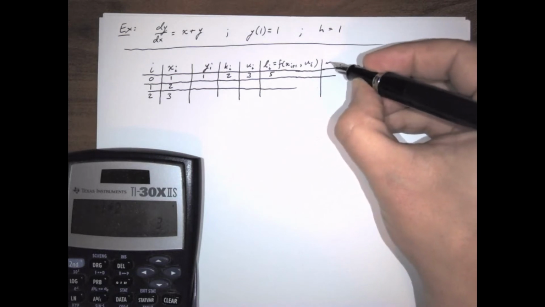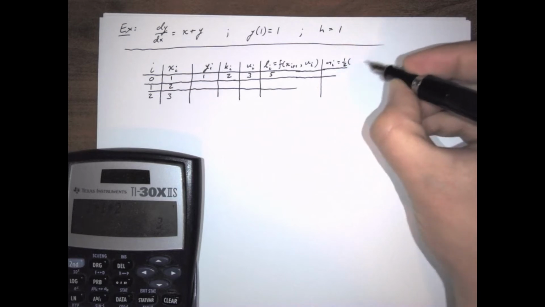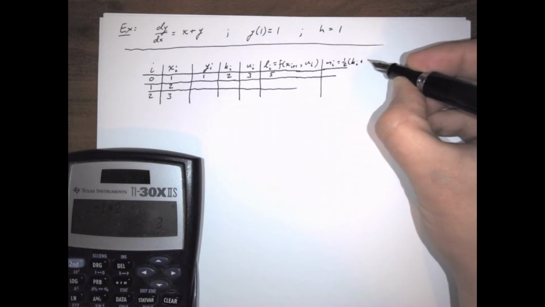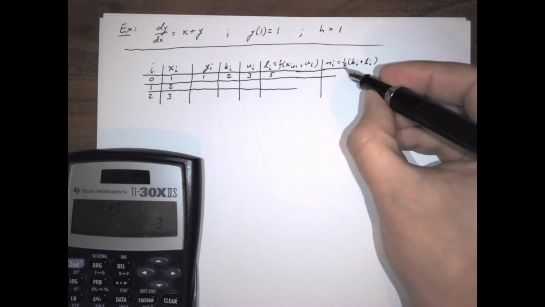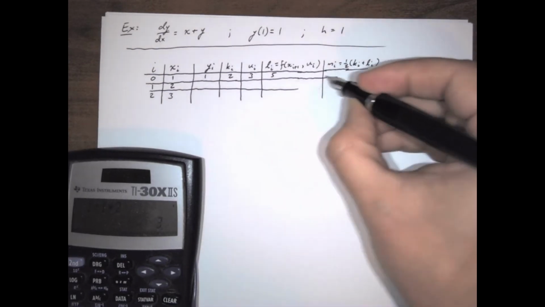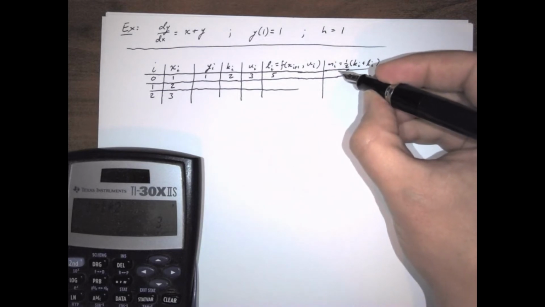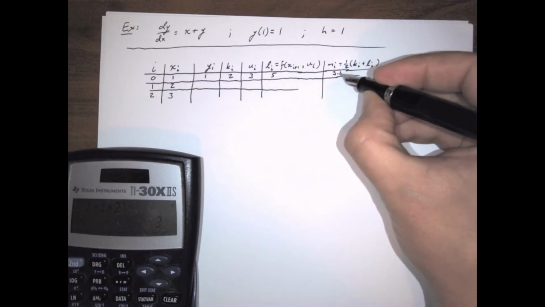And then finally, we get our real estimate of the slope, which is half of the sum of the two previous estimates. In other words, the average of those two numbers we just generated, the L and the K. So that's going to be equal to the average of 2 and 5, which is 3.5.